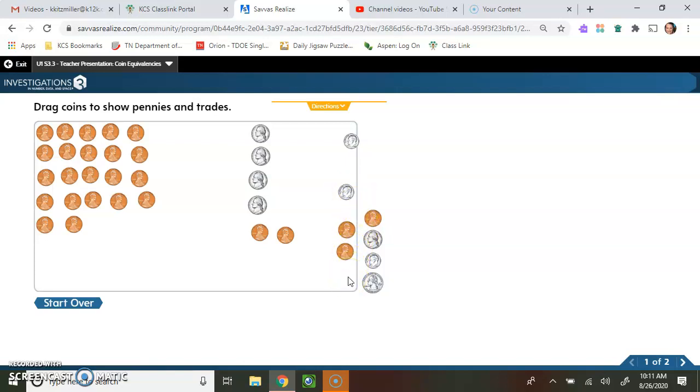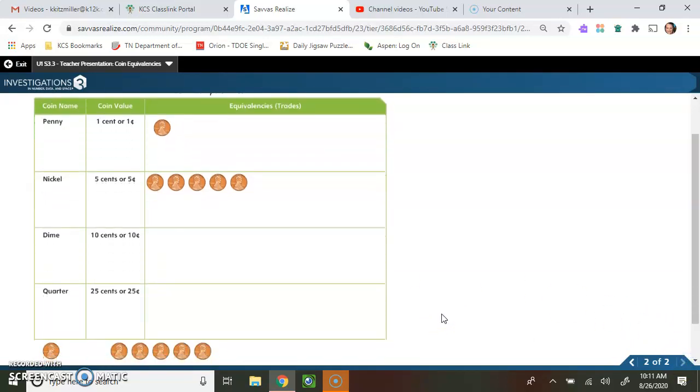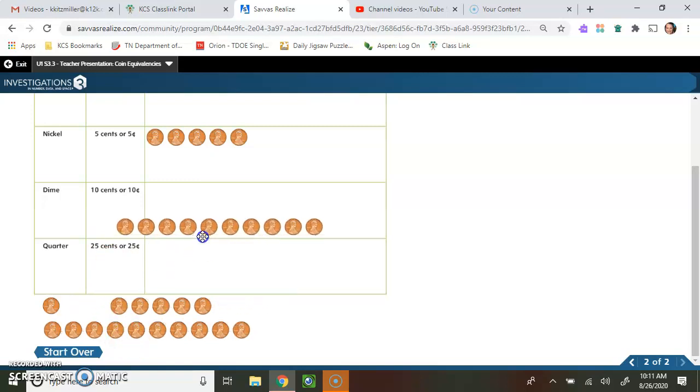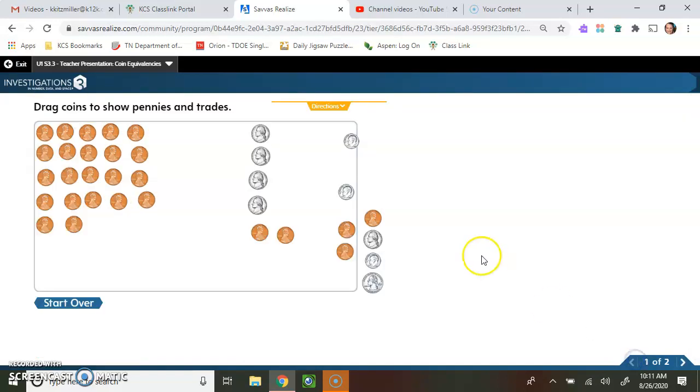She still has the same amount of money. The amount of money has not changed, just the coins in her hand have changed. So let's come over to our coin equivalency. How many pennies is my dime worth? Good, absolutely, 10 pennies.